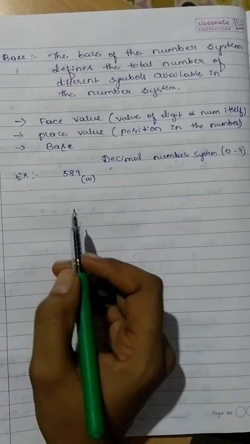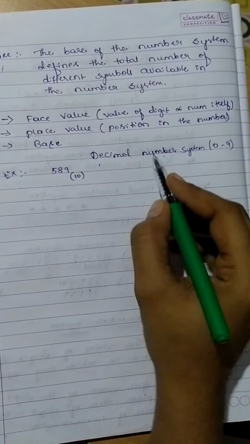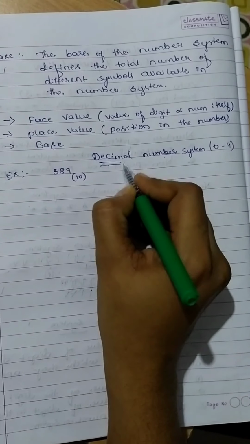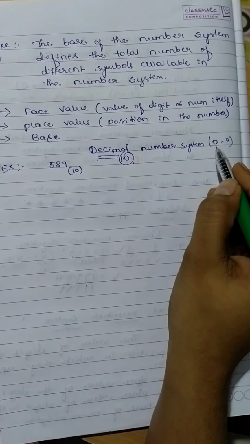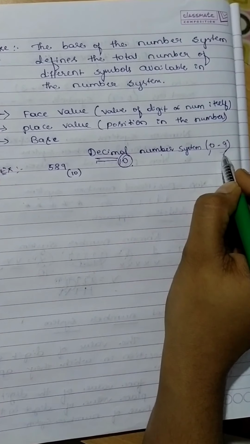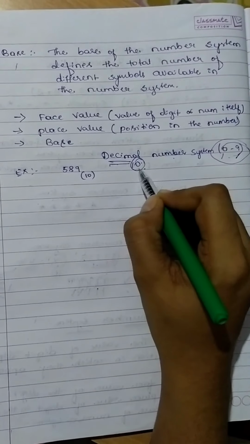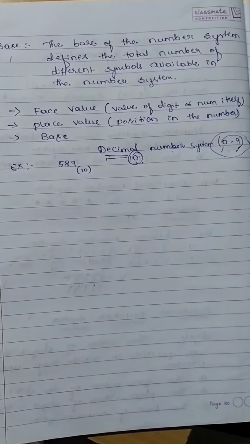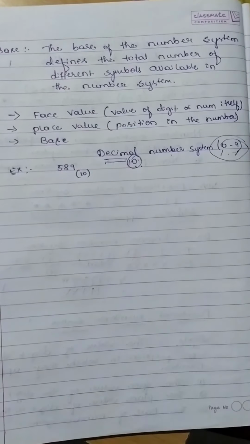For example, if you consider the decimal number system, it represents 10 values. The decimal number system is from 0 to 9. So what is the base value of the decimal number system? 10.